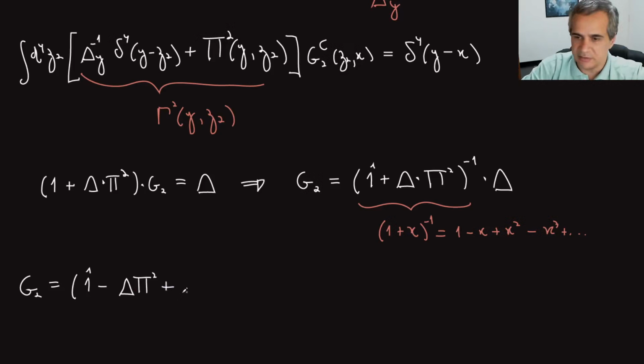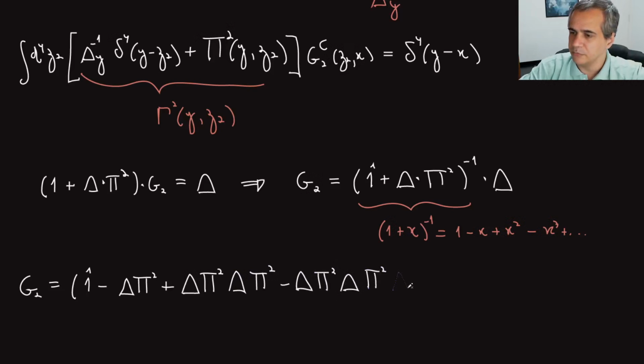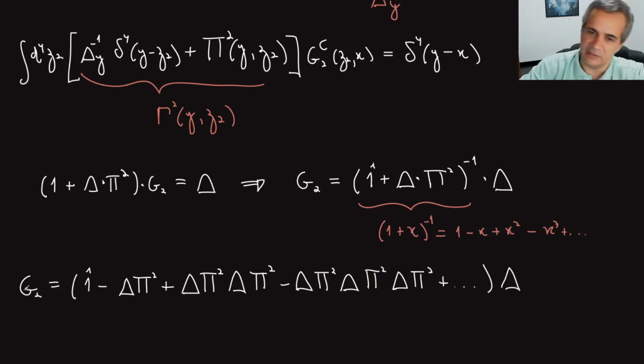Plus delta pi 2 delta pi 2, minus delta pi 2 delta pi 2 delta pi 2. I'm just using this expansion here. All of that multiplying the free theory propagator. This is the complete propagator. This is the free propagator.